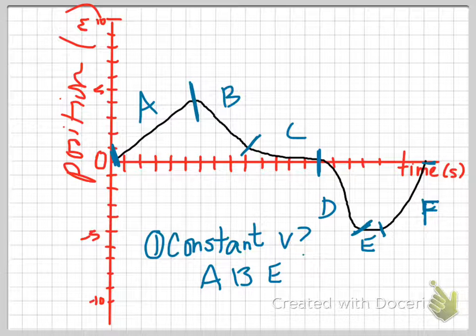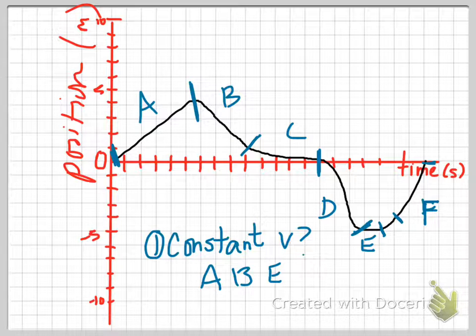If we said that F was from here to here, there's still a little bit of a curve, but it's pretty close. So you're all seeing, whether we're going to quibble about bad drawing or not, that if the line's straight, the velocity is constant.